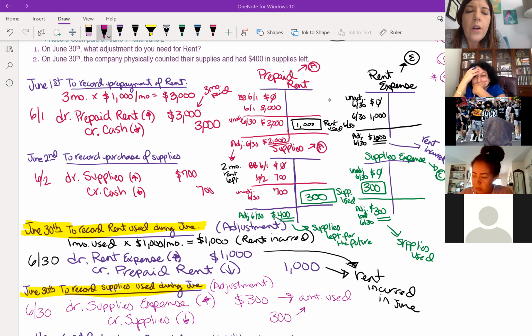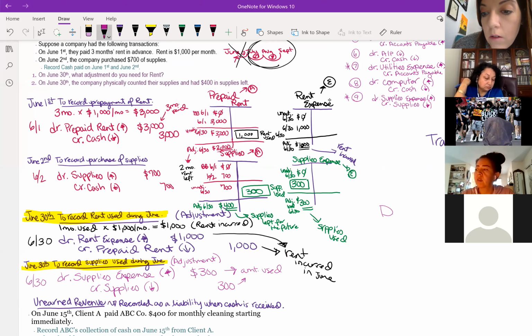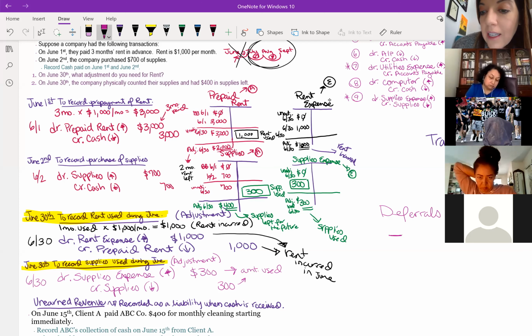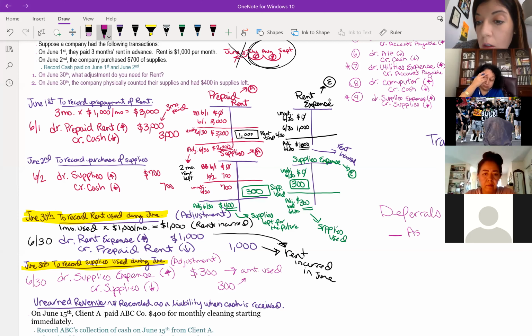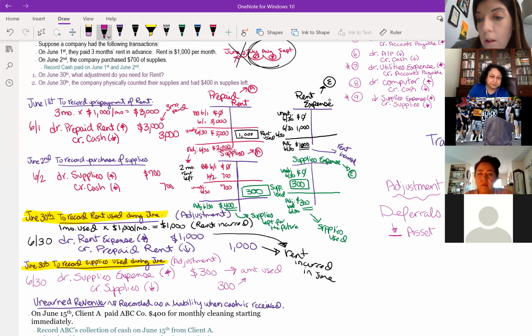For what just happened with the prepaids and the adjusting entry, with adjusting entries for deferrals related to prepaids, the asset account decreases with the adjusting entry. Which is what you saw happening here. Prepaid rent decreased, supplies decreased.